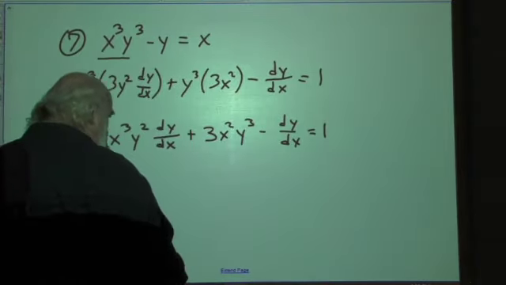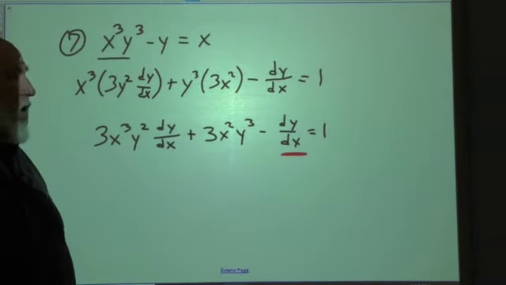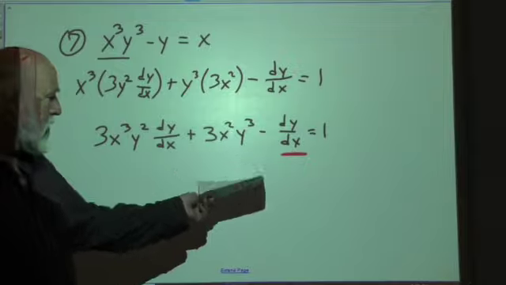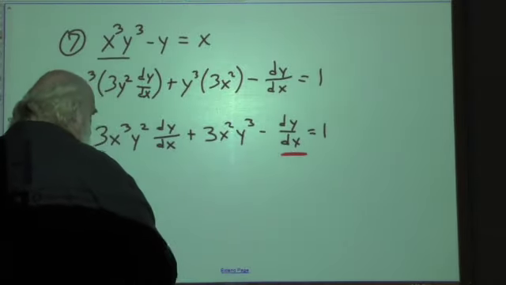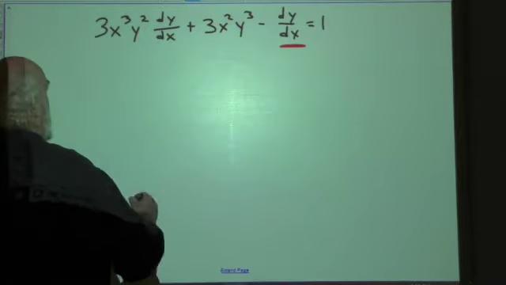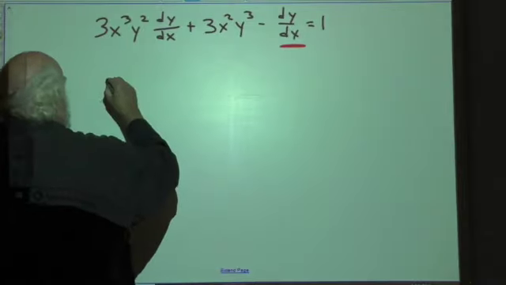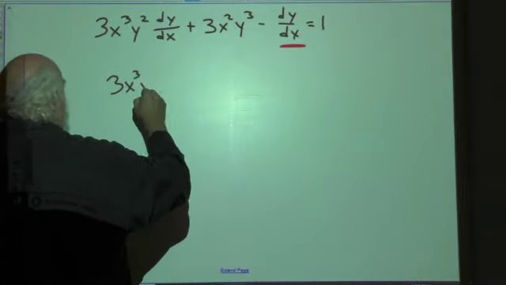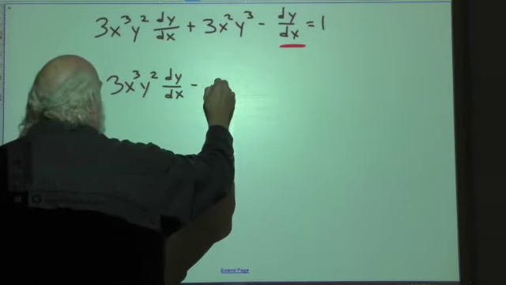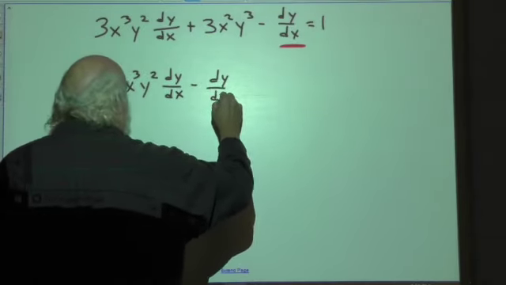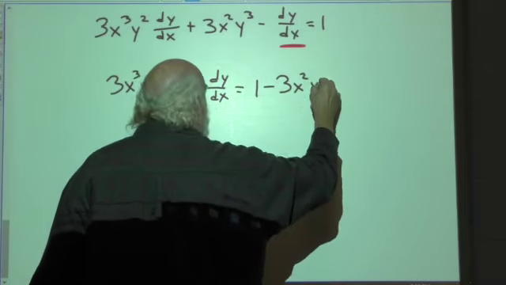And I'm going to put a red line under this to caution you when we start factoring out dy dx from these two. But I'm going to move this over here first by subtracting, and then we'll get to the cautionary note. So I'm going to move that over. We get 3x cubed y squared dy dx minus dy dx equals 1 minus 3x squared y cubed.